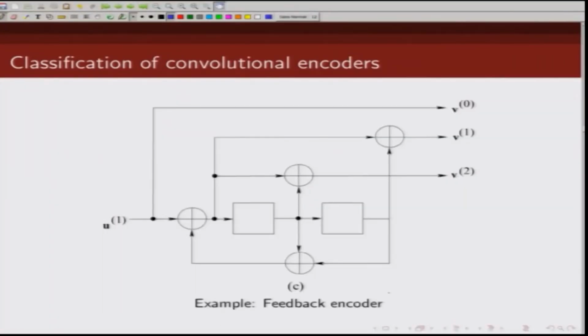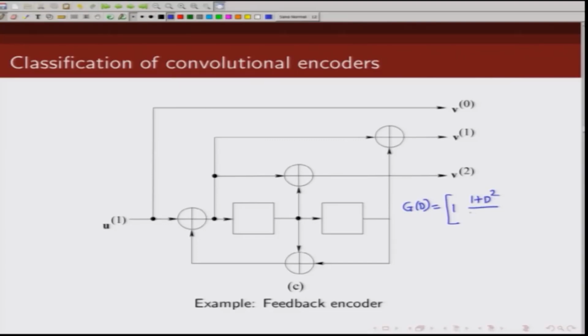This is another example of a feedback encoder. So, there is one input and there are three outputs. We can write down the generator matrix G(D). The first output is nothing but the information bits, so that is 1. Now, what are the feed forward terms in V1? V1 depends on this bit and this bit. So, this is 1 plus D square, and what is the denominator term?